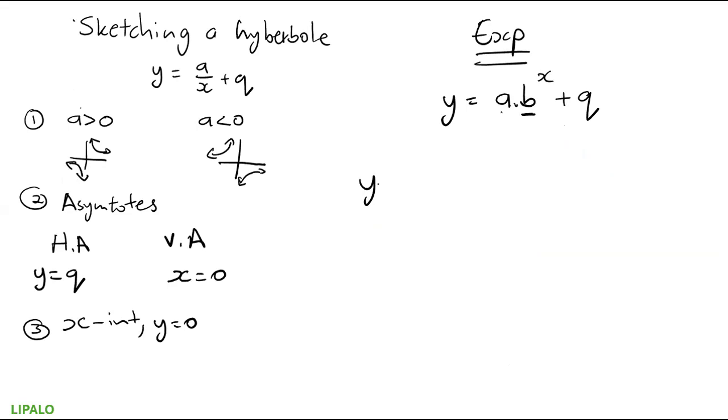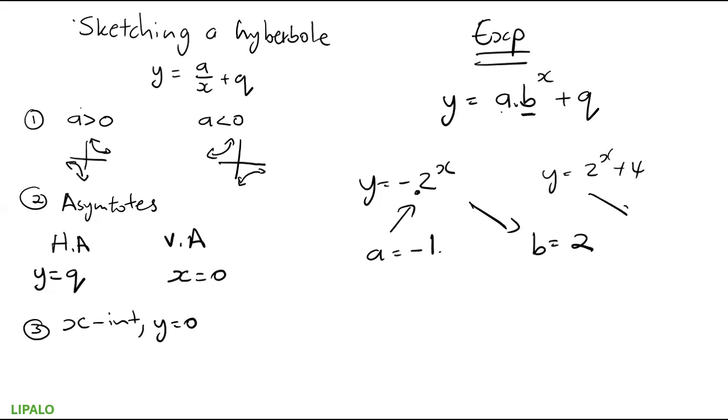So for example, if I have y is equal to negative 2 exponent x, the value of a here is an invisible something, then b will be 2. The base is not negative. Always bear in mind that there will be an a here. If I have y is equal to 2 exponent x plus 4, here a is equal to a positive 1. Then we have b being equal to 2.